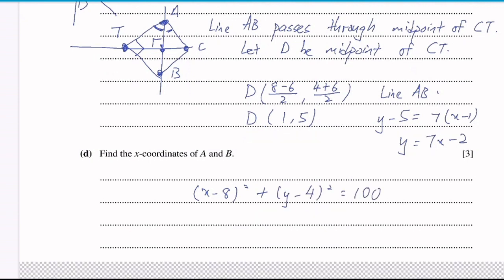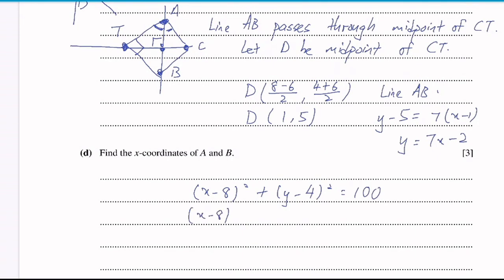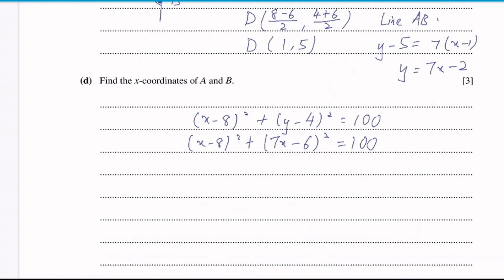So we just sub in the y here: x minus 8 squared plus 7x minus 2 minus 4, which is 6, squared equals 100. From there, you just need to solve the quadratic, then you should be able to get the values for the x here already. Okay, so that's how you look at it.